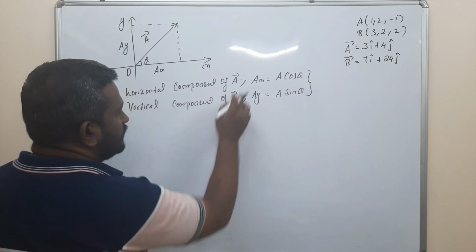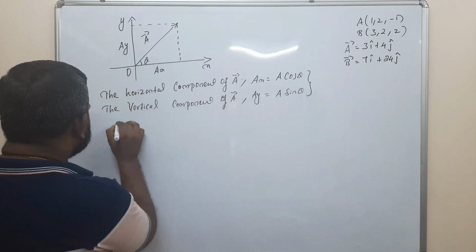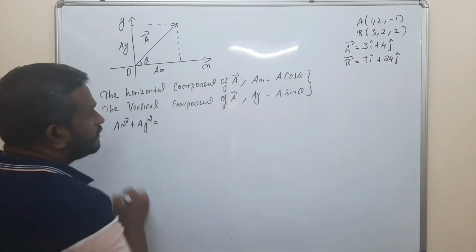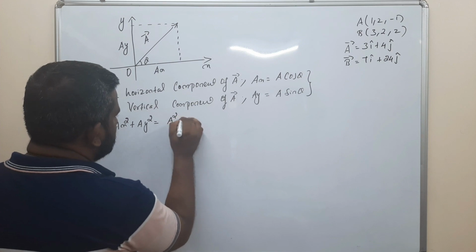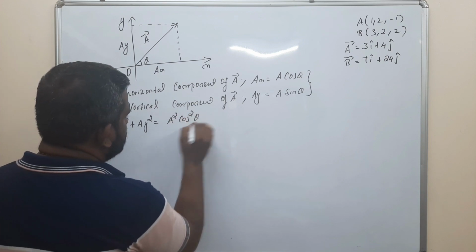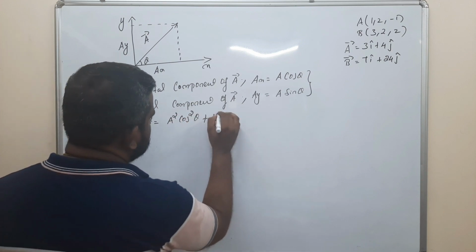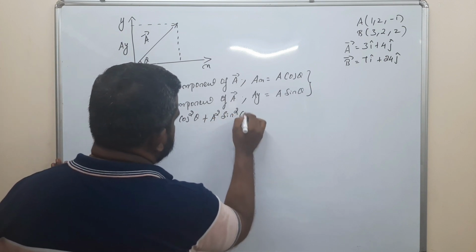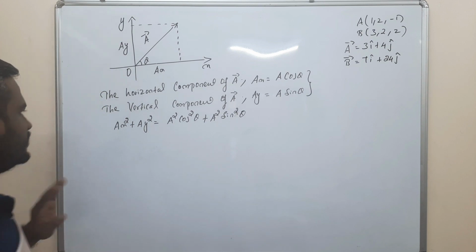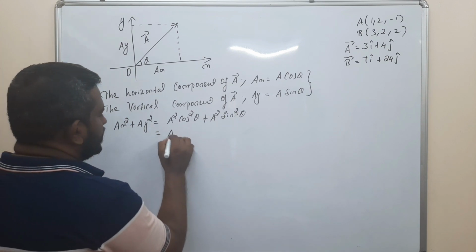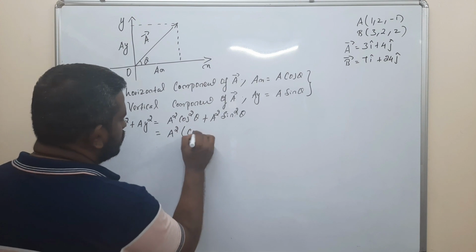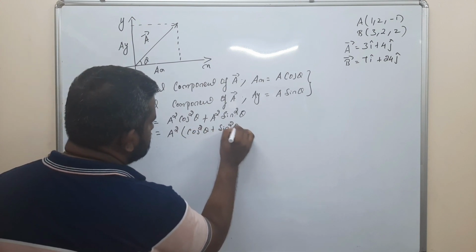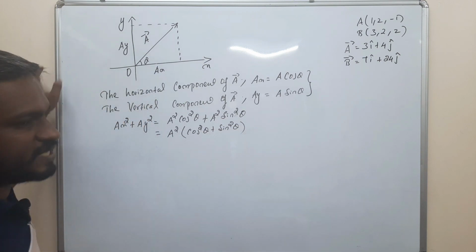From this, Ax square plus Ay square is equal to A square cos square theta plus A square sin square theta. Am I right? Take A square commonly outside, so cos square theta plus sin square theta, and cos square theta plus sin square theta is 1.